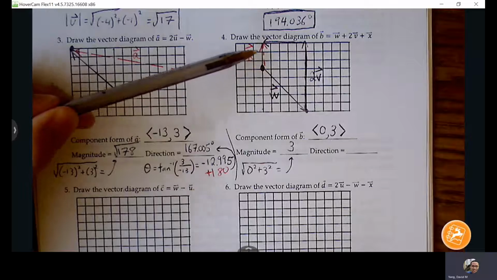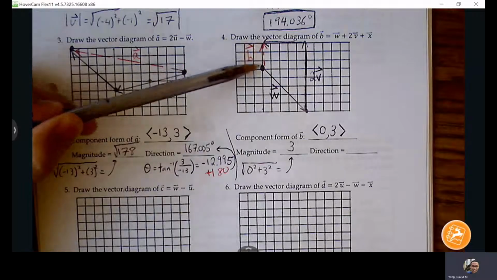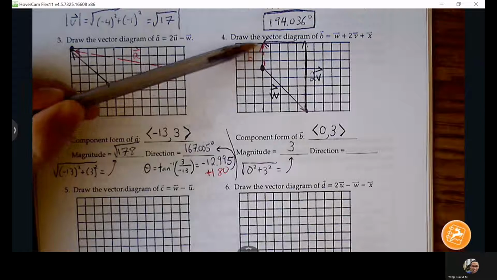Direction, I don't think requires any calculation. What's the direction here? 90 degrees.